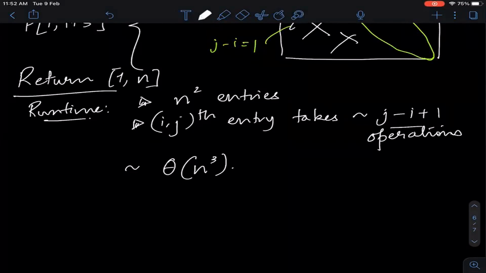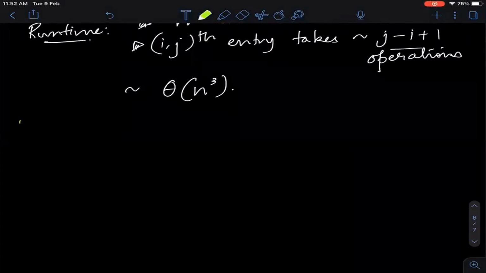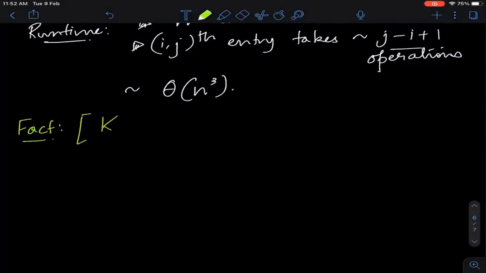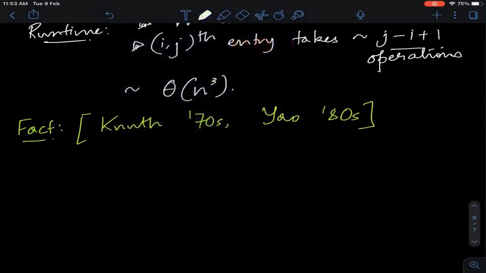Okay. But before we conclude, let me give you some more encouraging facts. So Knuth in the 70s and Yao, I think in the 80s. These are all stalwarts of computer science and algorithms.